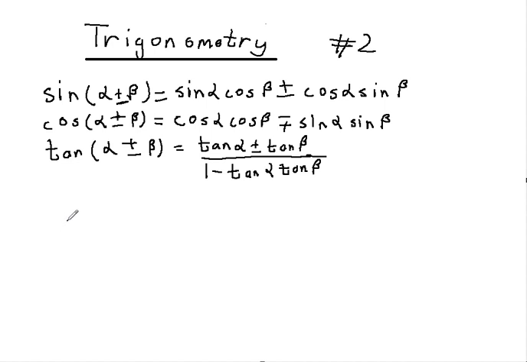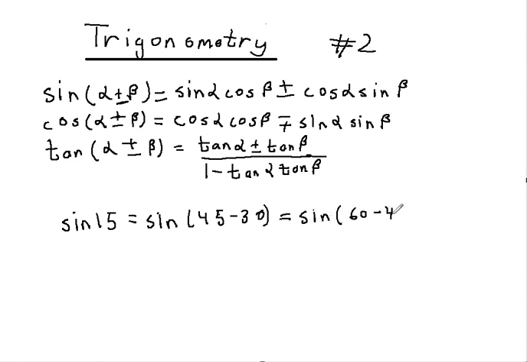So for example, if someone told us to find the value of sine 15 without a calculator, we could express this as sine 45 minus 30 or sine 60 minus 45. It's honestly whichever one you prefer, but then we can use the compound angle formulas to solve.